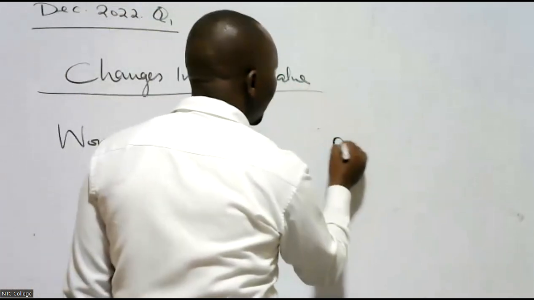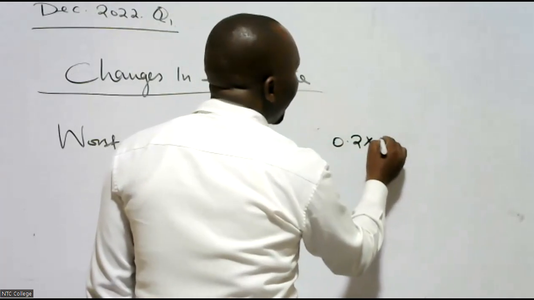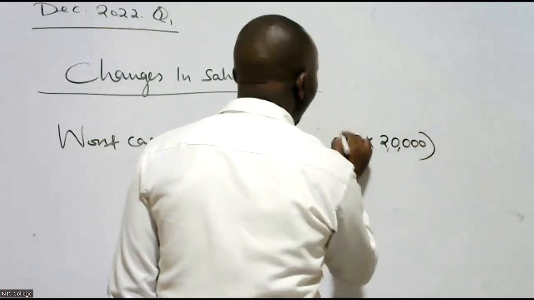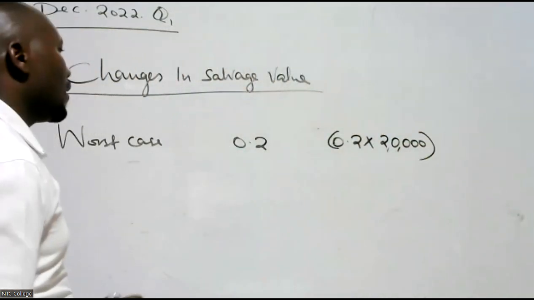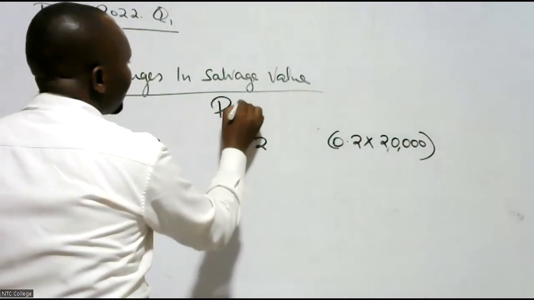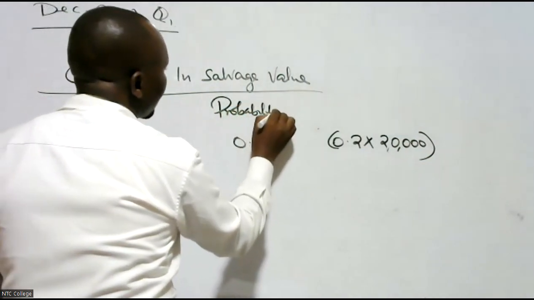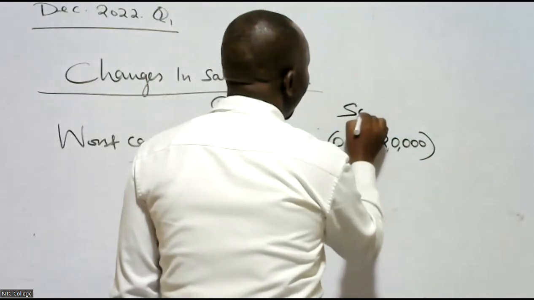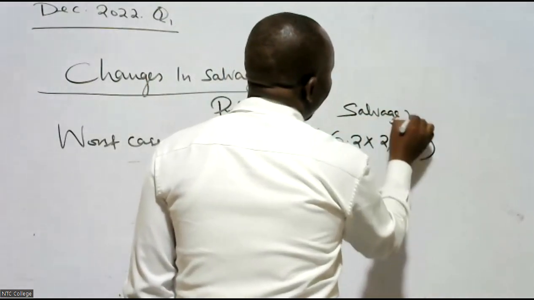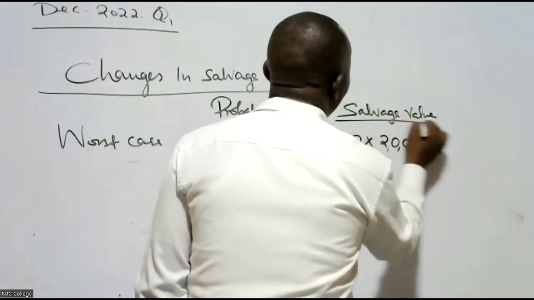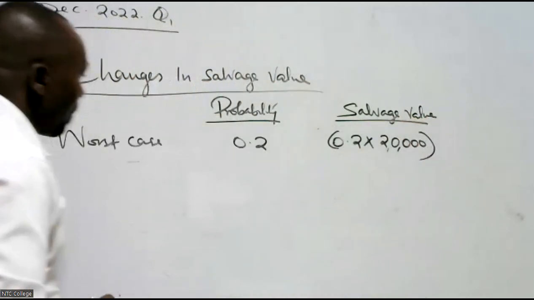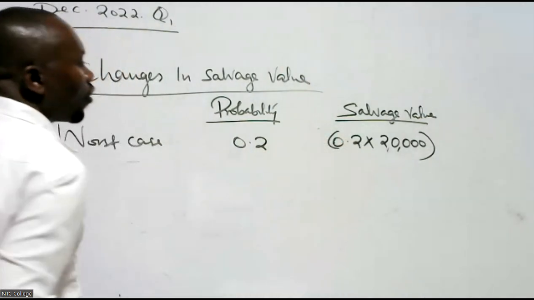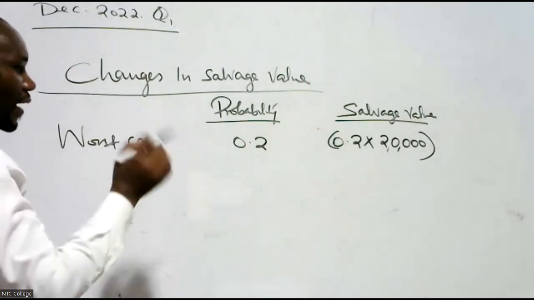So it is 20% of the current 20,000 that you're being told. So 20% of 20,000. The probability still remains, but the new salvage value is going to be only 20%. We are going to lose 80.